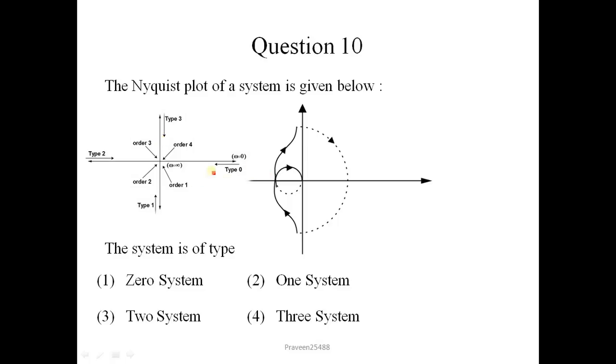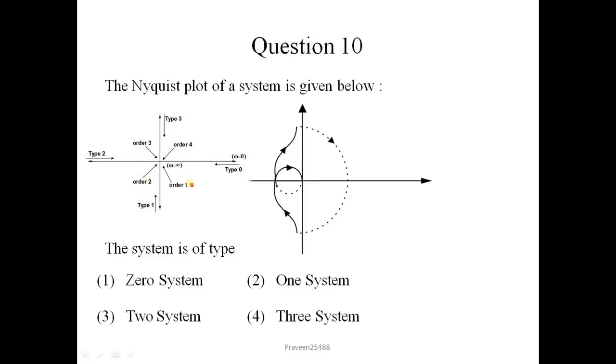And that plot will end at this origin or here, then it would be order 1, and here it will be order 2, order 3, this is for order 4. Particularly this is for polar plot.